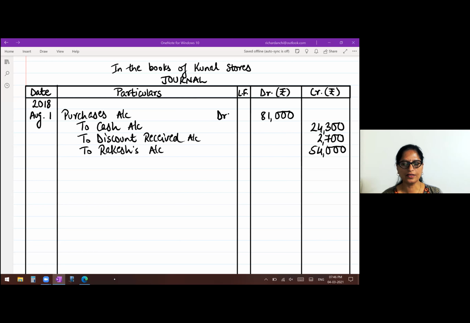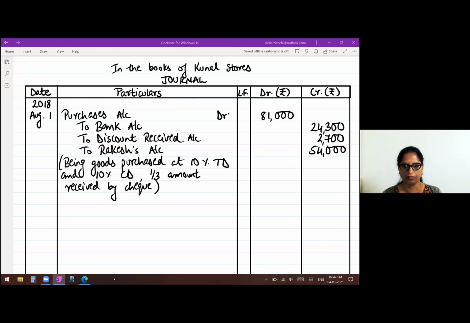Okay, children, there is a mistake there. Instead of cash, it should be bank because you're receiving a check. So write to bank account.